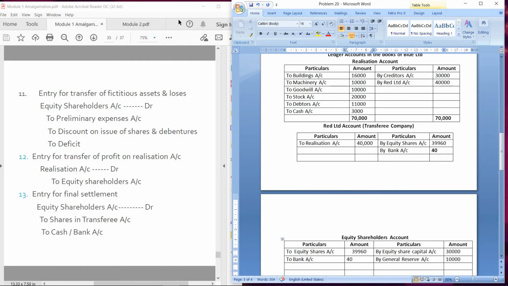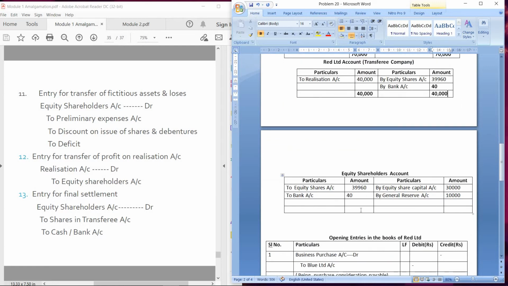Okay, so we are done with all the entries. Now let us close all the accounts one by one. First we will close transferee company account. Total is 40,000. Now let's close equity shares account. Here also the total is 40,000.